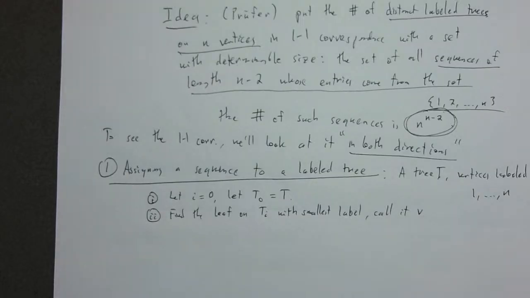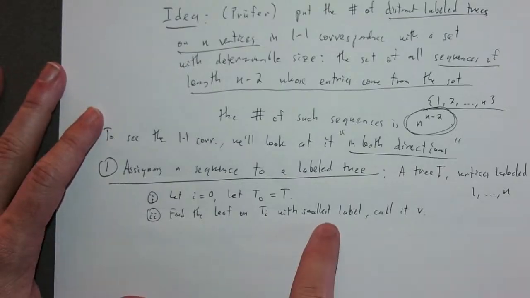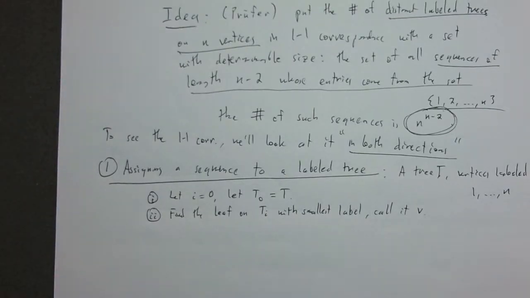This is why typically we're going to use numbers here for the index set. If you have an ordering on your set, then you can do it relative to that ordering. So when we say smallest label, we mean the smallest index used to describe this vertex, calling that v.